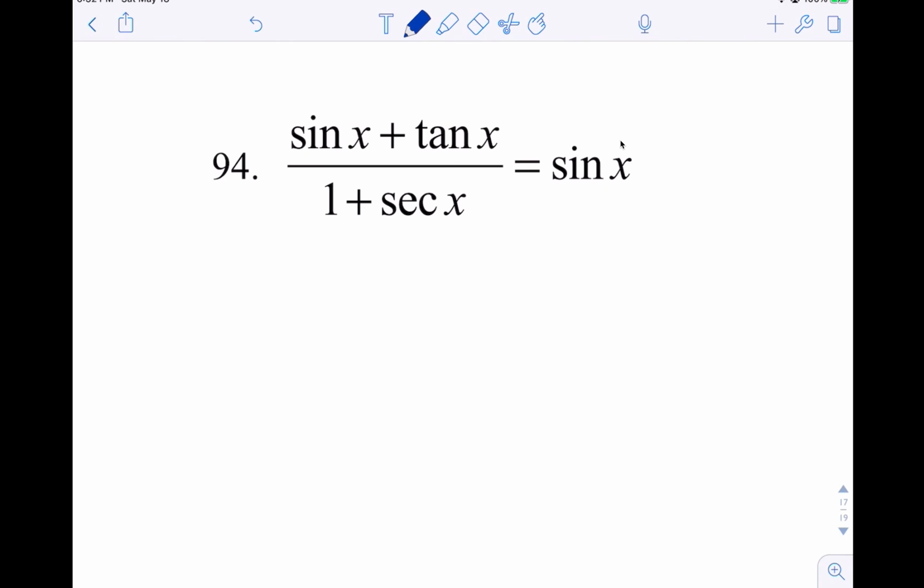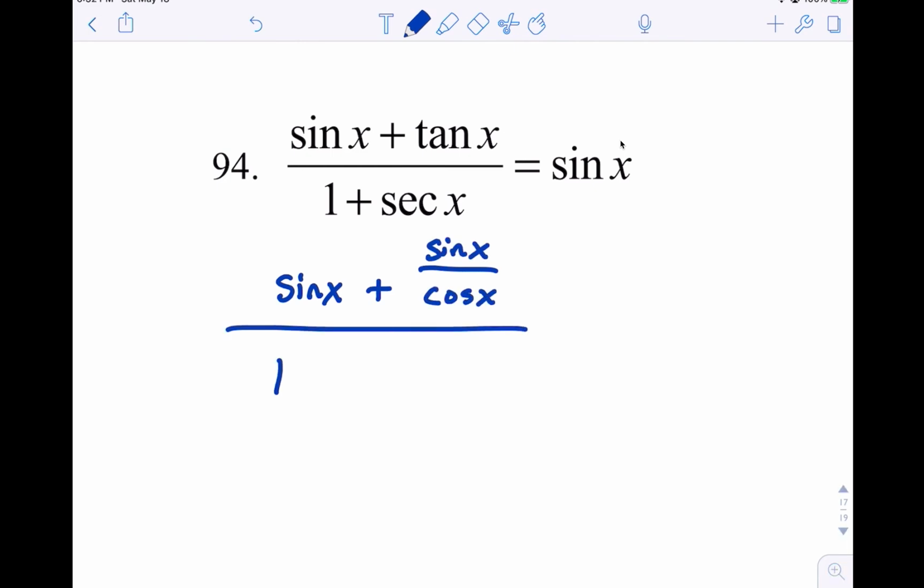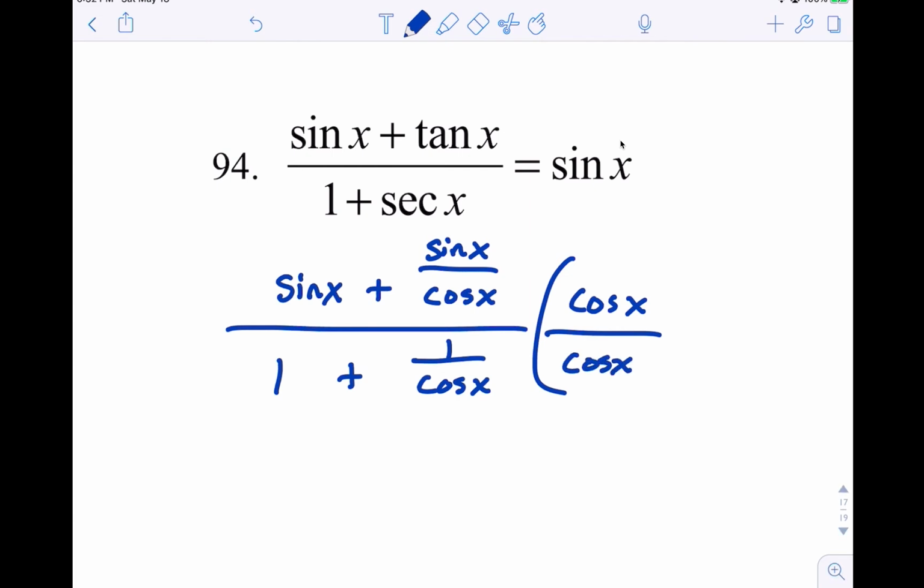Okay, 94. I'm going to change everything in terms of sine and cosine. So sine plus sine over cosine, and then 1 plus 1 over cosine. All right, now I want to get rid of these small fractions, so I'm going to multiply everything by cosine.